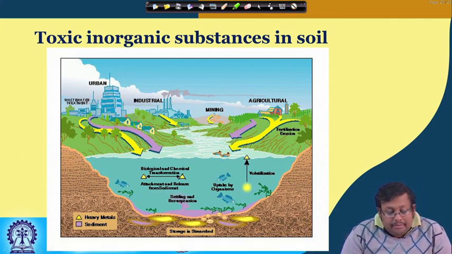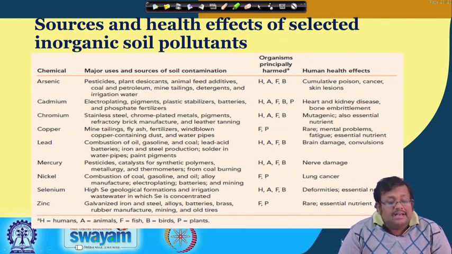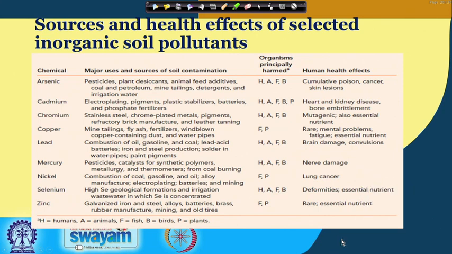Now if we see what are the different types of chemicals or inorganic substances responsible for heavy metal pollution, this list shows them: arsenic, cadmium, chromium, copper, lead, mercury, nickel, selenium and zinc. All these are highly toxic pollutants, and there are major sources.